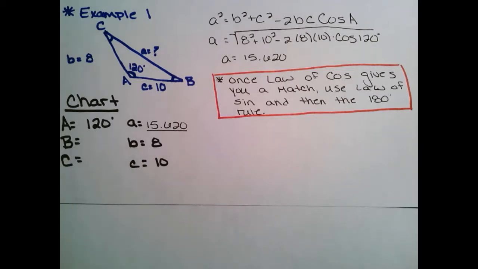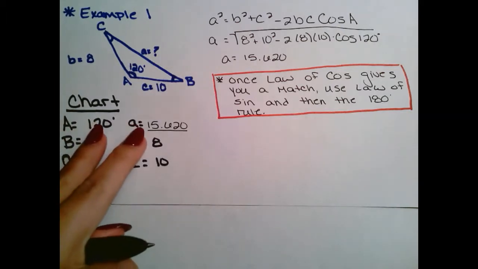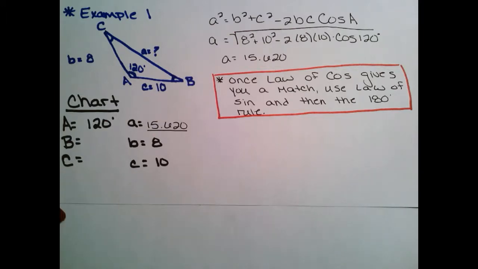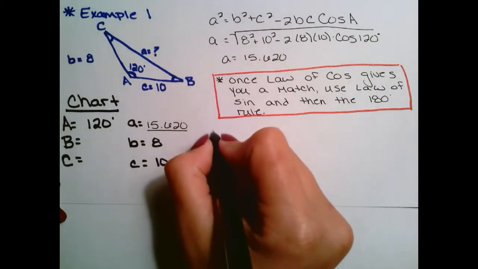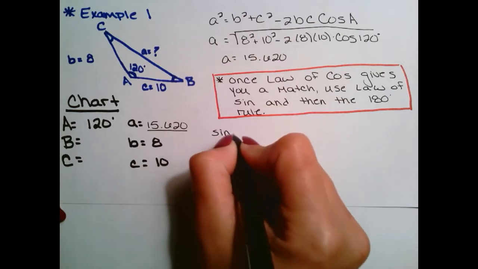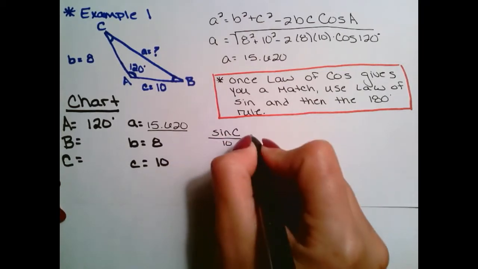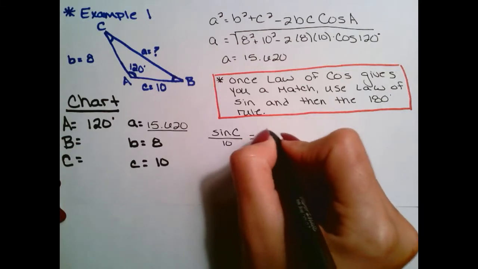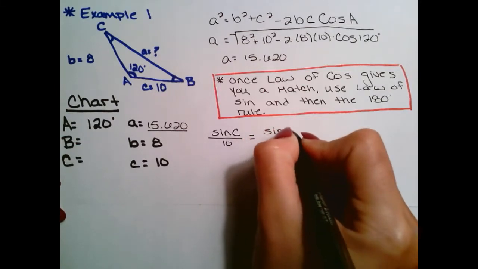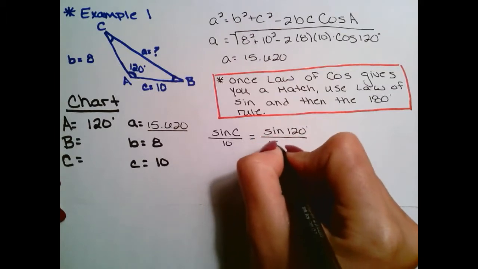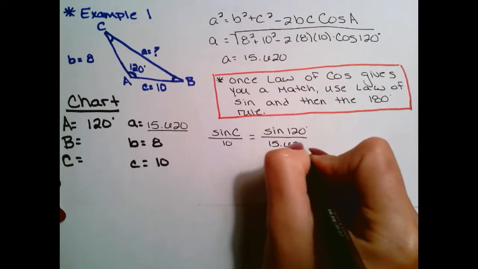All right, so I always like to go from biggest number to smallest. So I'm going to use this match with C to then find angle C. So remember, if I'm looking for angle C, I'm going to put it in the numerator. Sine of C over 10 equals sine of 120 over 15.62.